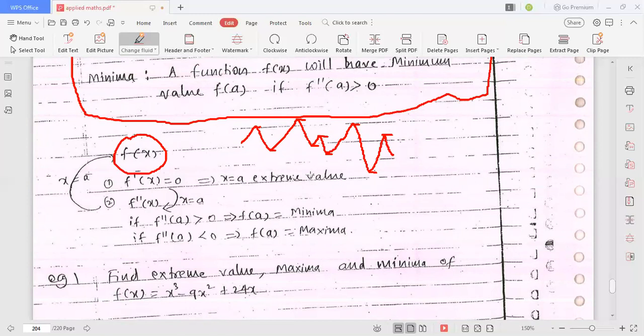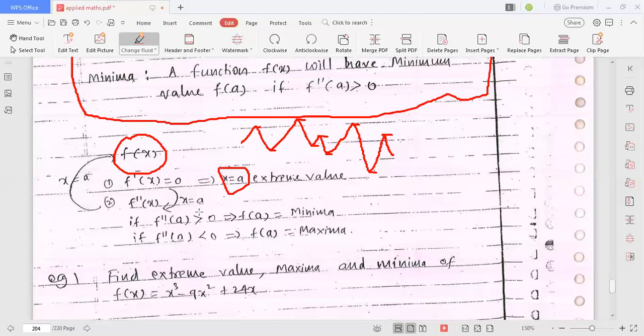That value is called the extreme value. So first, before finding maxima and minima, we get the extreme value. Then after finding f dash x, we find f double dash x. Double dash is the derivative of f dash x. Then we substitute the point x equal to a in f double dash a.